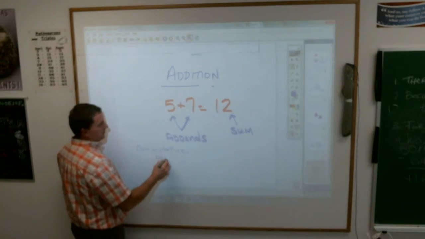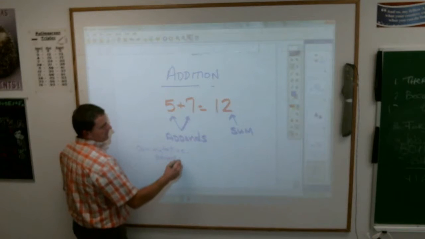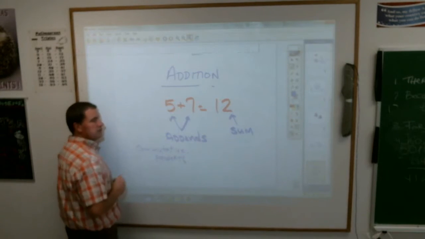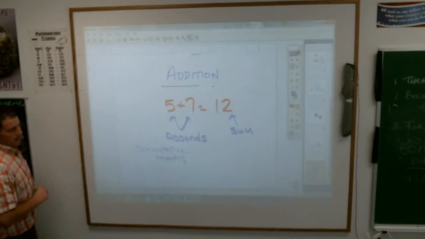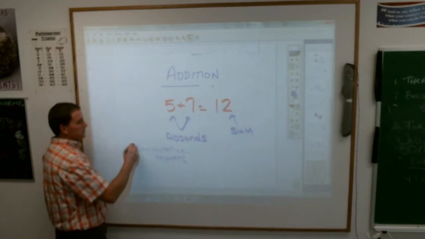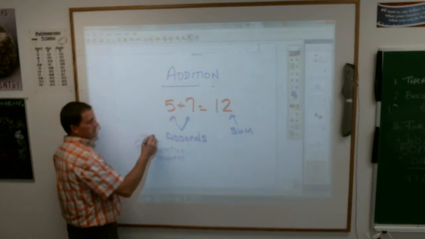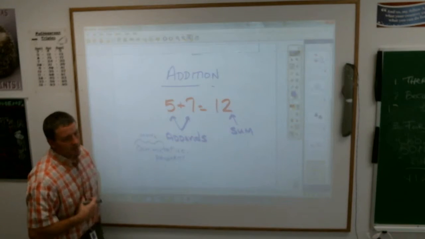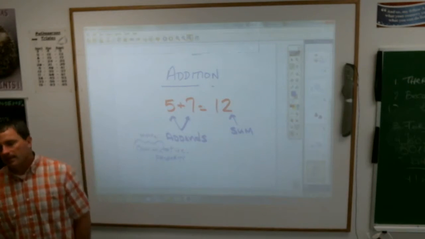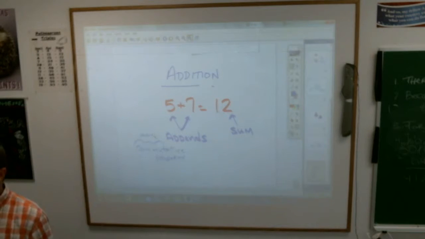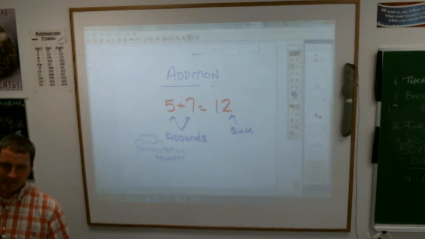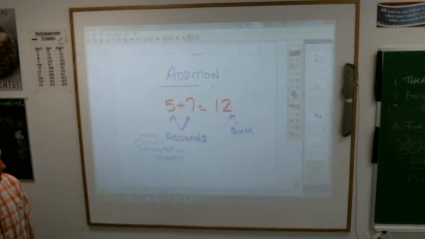And it's a good property because it makes your life very much an easier life. I don't know if you've ever heard the word commute before, but the word commute kind of means to move. And really what the commutative property says is that it does not matter the order in which you add addends together, you'll get the same answer.